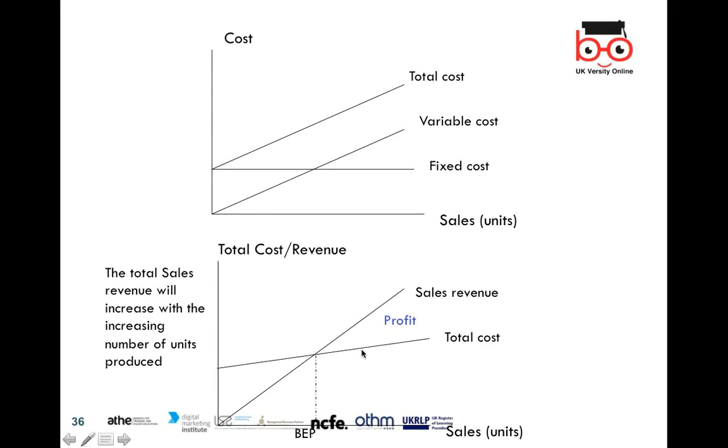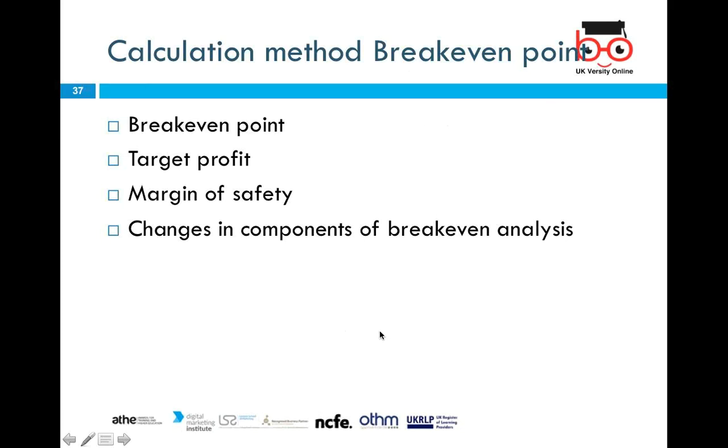The total sales revenue will increase with an increasing number of units produced. So the company should focus on that area, because definitely the company wants a profit. They want to identify the expected sales, budgeted or forecasted, on the basis of the cost. And then this is the profit area.